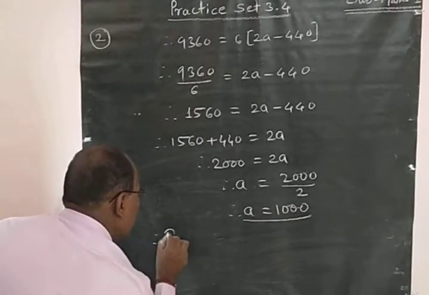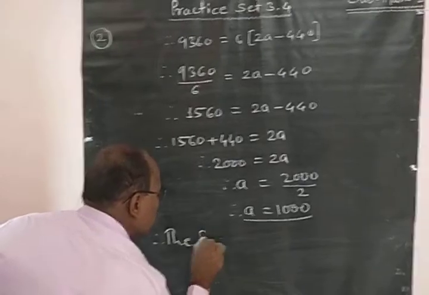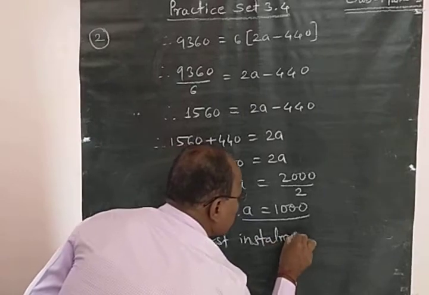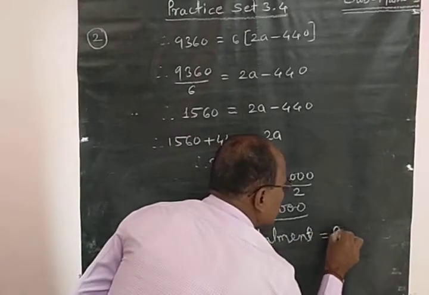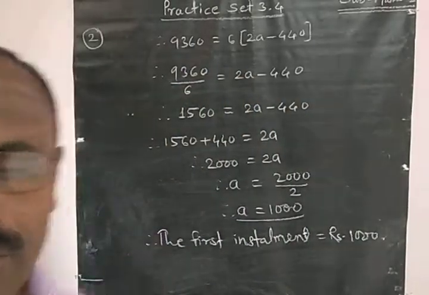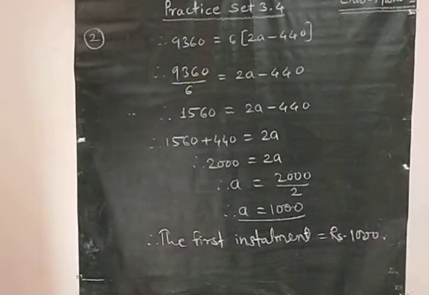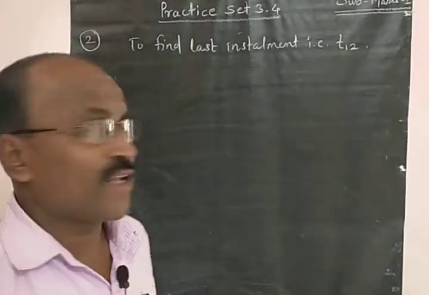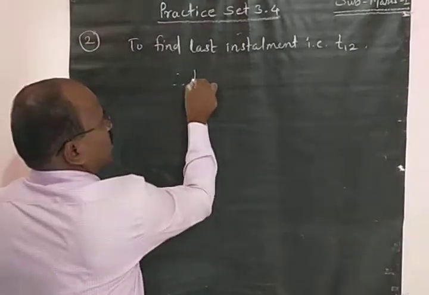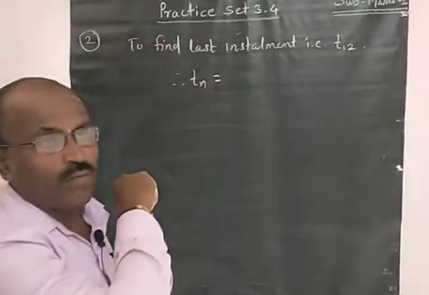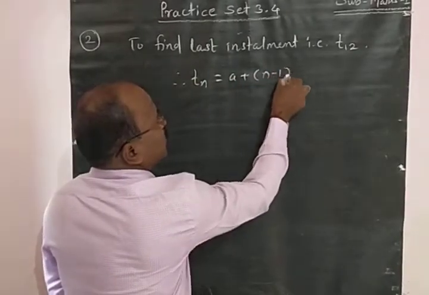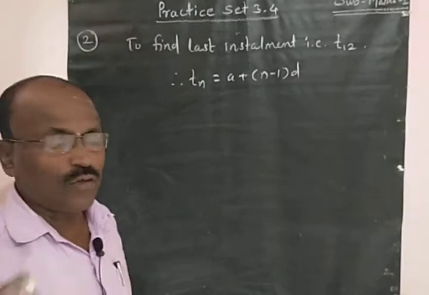Therefore the first installment is equal to rupees 1000. Okay. Let us find the last installment, that is T12. For that use the Tn formula, that means nth term of an AP, a plus n minus 1 into d. Tn is equal to a plus n minus 1 into d.